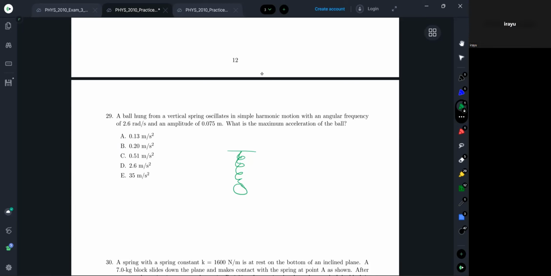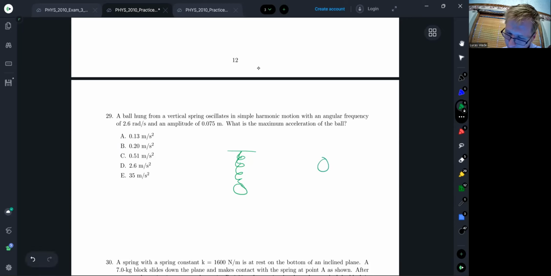So the weight component will be downward, and the force from the spring will be upward. Yep. So you've got weight acting downward. That's mass times the acceleration due to gravity. And the spring force acting upward.